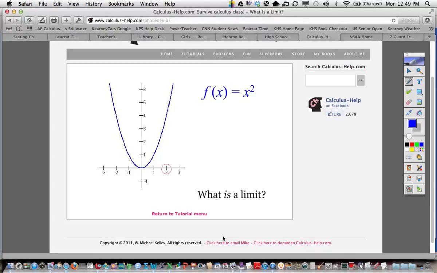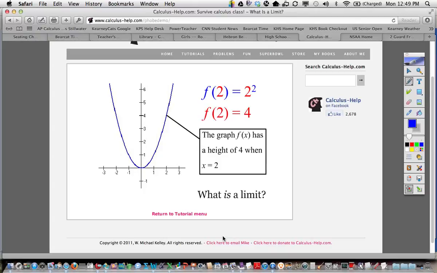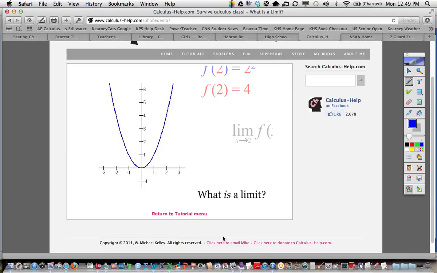Well, it's not very difficult to figure out exactly how high that function is going to be when x equals 2, because all I have to do is plug in that x value into the function to figure out what that height will be. So, if I plug 2 into x squared, I get 2 squared, or 4. This means that the function reaches a height of 4 whenever x equals 2. Pretty simple. But now I can create my first very basic limit statement, and that is the limit as x approaches 2 of f of x equals 4.